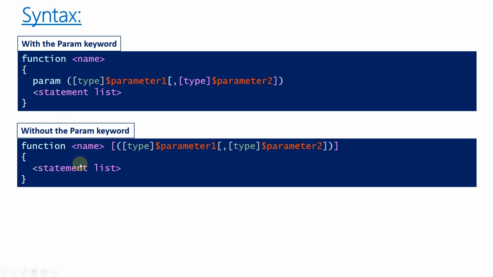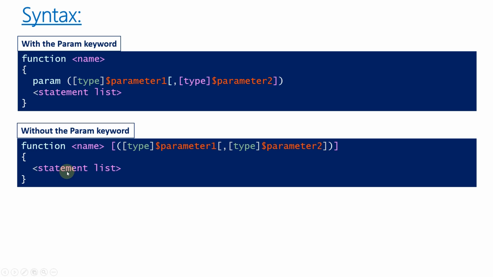Same way, when we don't use the param keyword, in the same line where we write the function keyword and name of the function, we can write all the parameters list separated by comma, enclosed in a small bracket. And within the function we can write all the statements either in the same line separated by semicolon or line by line.